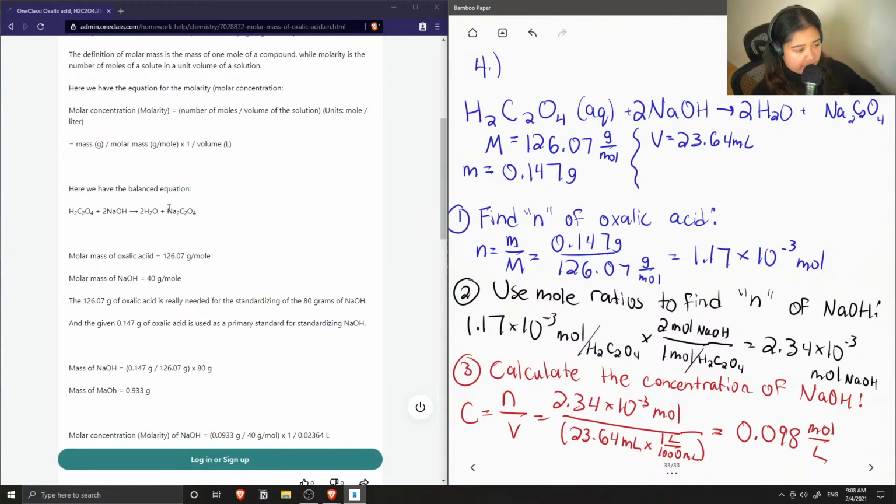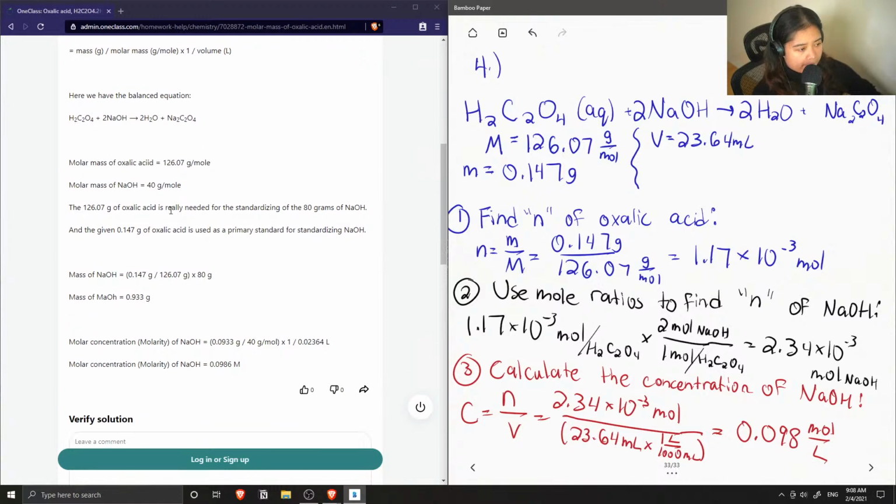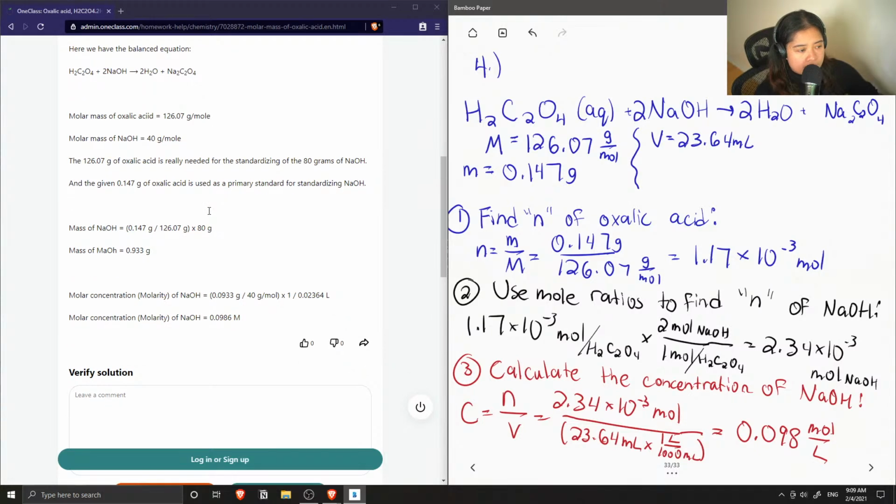And here we have a balanced equation where the molar mass of oxalic acid is 126, molar mass of sodium hydroxide is 40. And they said that the 126.07 grams is really needed for standardizing the 80 grams of sodium hydroxide. So they converted their units to mass instead of number of moles.